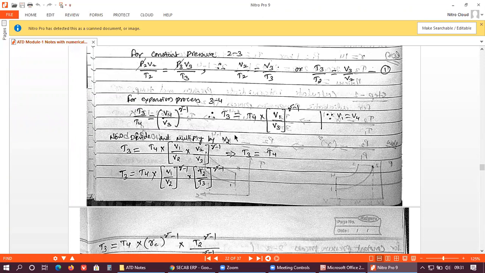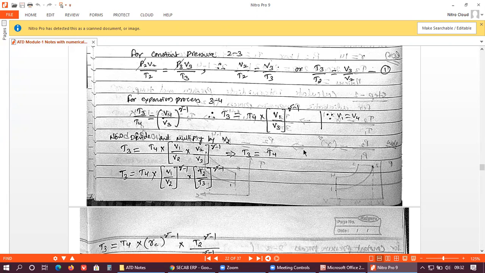So T3 is equal to T4 into V1 by V2, multiplied by V2 by V3. Again you are getting the same expression, because this V2 with this V2 gets cancelled. T3 is equal to T4 multiplied by V1 by V3 raised to gamma minus 1. I am just multiplying with V2 and also dividing by V2.